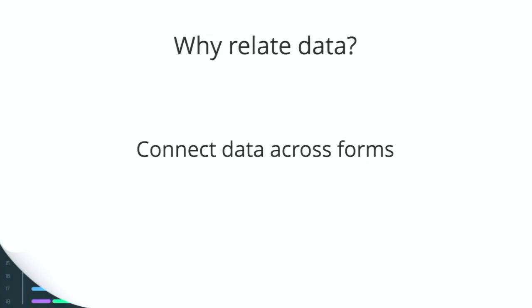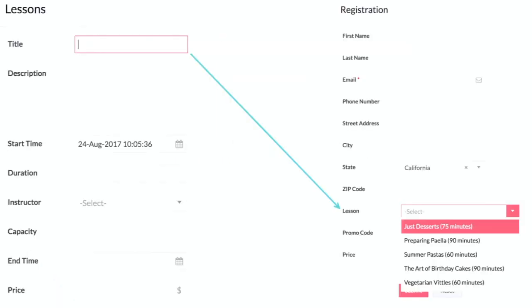So why do you want to relate data in Zoho Creator? That's what we all came here for, right? The first reason is you want to be able to connect the data across your forms. Here's an example from Karen's cooking class. In our first session, when somebody's registering, maybe they choose a lesson with a drop-down. A drop-down field isn't really the best way to do that, because if you add more lessons in the future, or a lesson has finished and you want to take it off the list, you're always updating that drop-down.